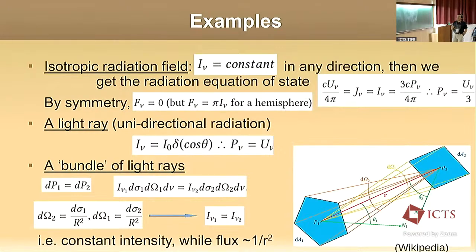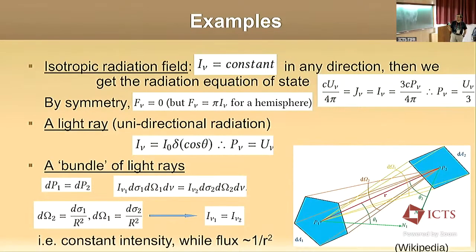Okay. So another slightly more complicated, but still very simple case. You have direction along a ray, which again will come back when we discuss radiative transfer and ray tracing. So you have unidirectional radiation, it all goes one way.